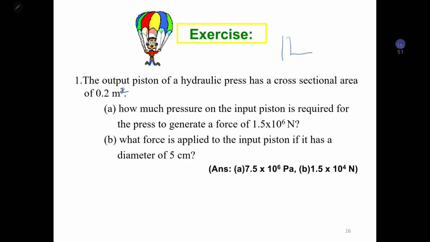So we have A1 and A2. Here A2 is equal to 0.2, and F2 is equal to 1.5 times 10 power of 6.